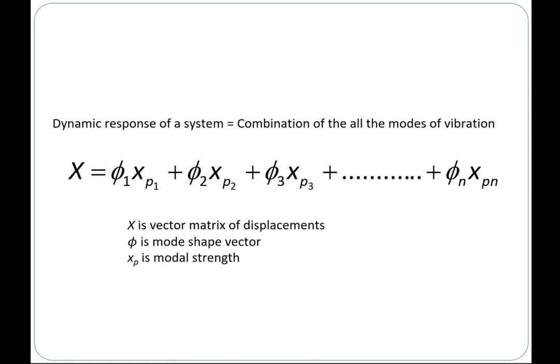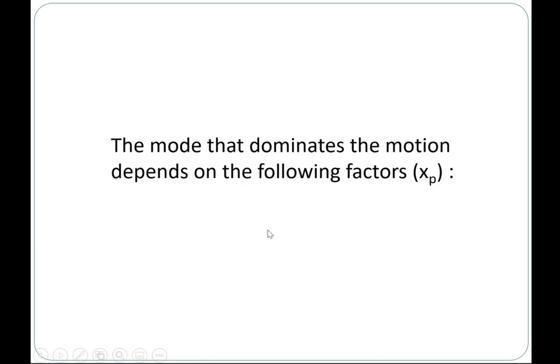We are saying that it is contributed by the modes, but we have 3 factors, and when we say a particular mode can contribute more, you can explain why it contributes more, why not mode 3, why not mode 1. So there are 3 factors actually affecting these contributions.